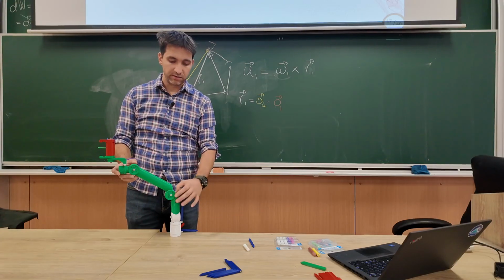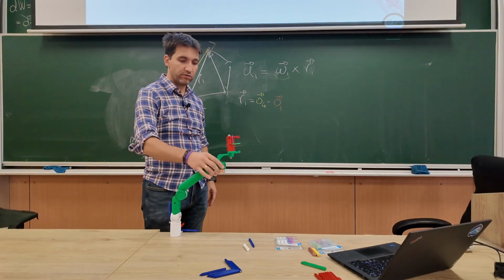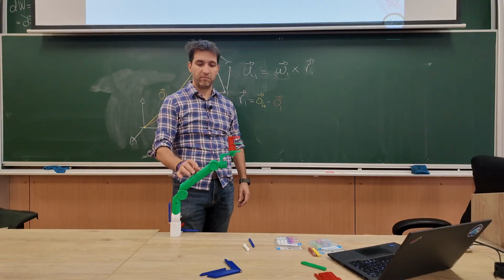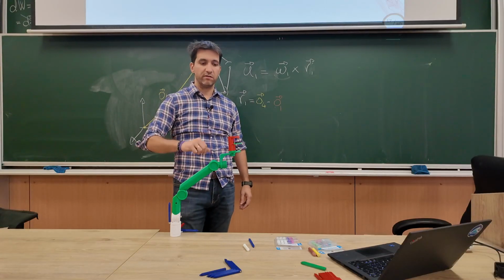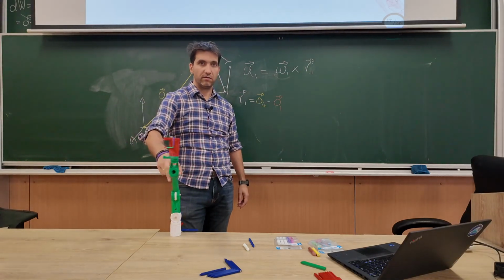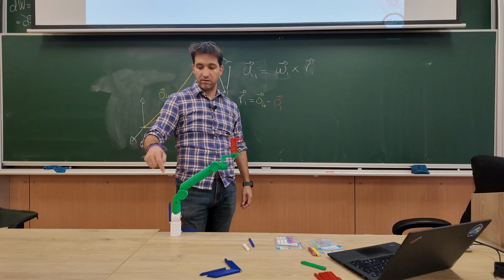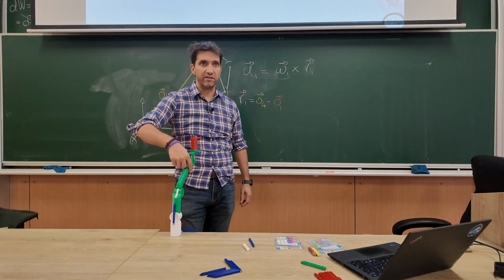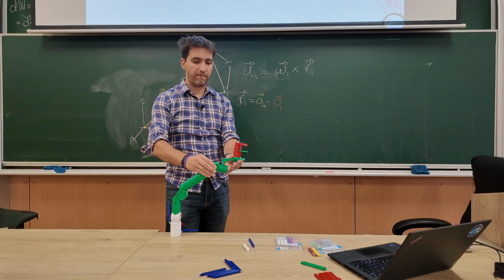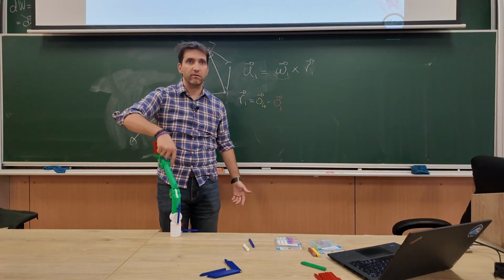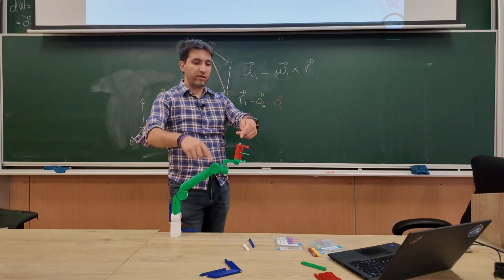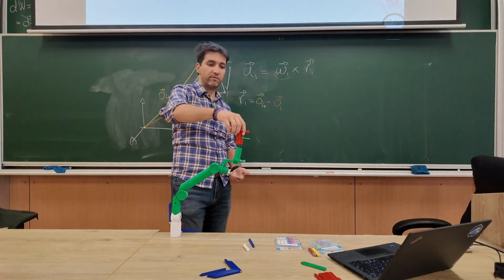Maybe let's see it on a different axis. Let's say this rotation. How fast is it doing one rotation around this axis? Just as fast as the joint. If the joint rotates once a minute, the end effector will also rotate around the axis once a minute. If it rotates twice every minute, then it will also rotate around this axis twice a minute.